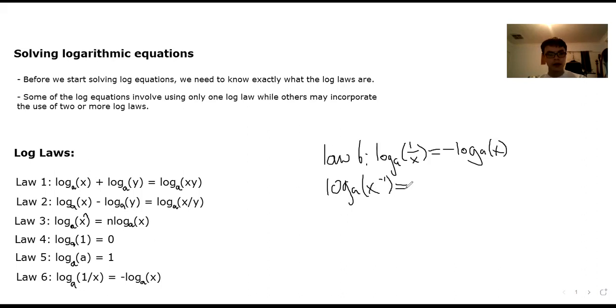And then using logarithm law number 3, let's move this power of negative 1 over onto this side. So we have negative 1 times log a of x, and therefore it will just be negative log a of x.